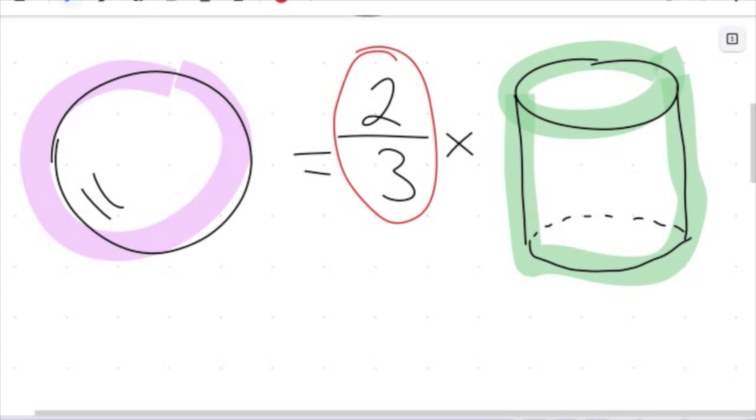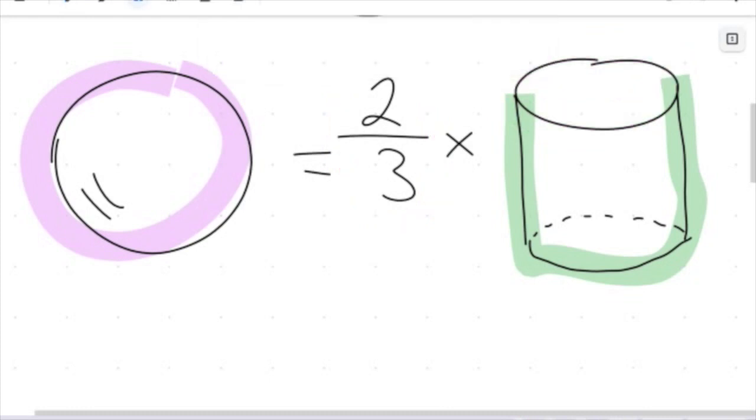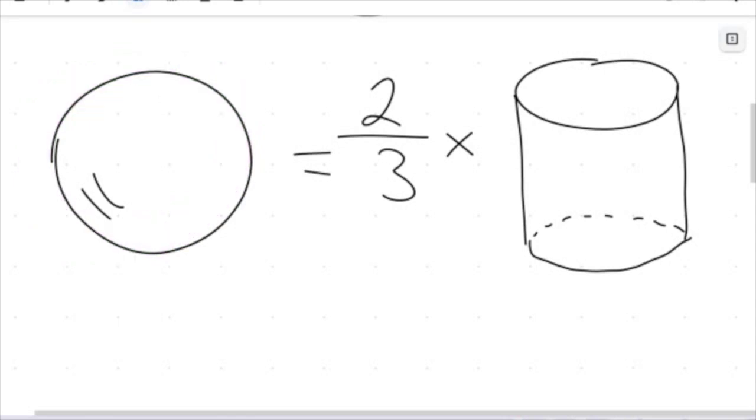And I might do a video later on in the future where we can actually look at filling these shapes with liquid and looking to see if this observation was in fact true. But essentially, there is a relationship between the volume of a sphere and the volume of a cylinder.